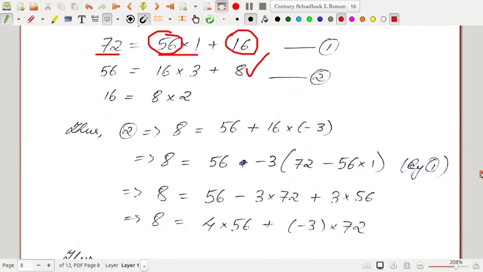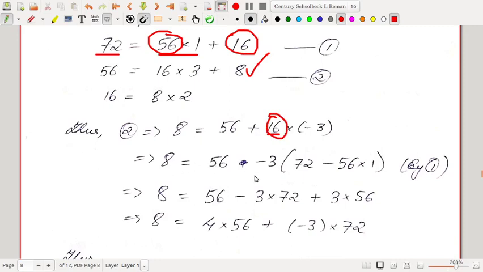Then instead of this 16, I'll use 72 minus 56 from the first equation. Ultimately we are trying to write 8 as a linear combination of 56 and 72, which is why we substitute only for this 16, from the first equation.